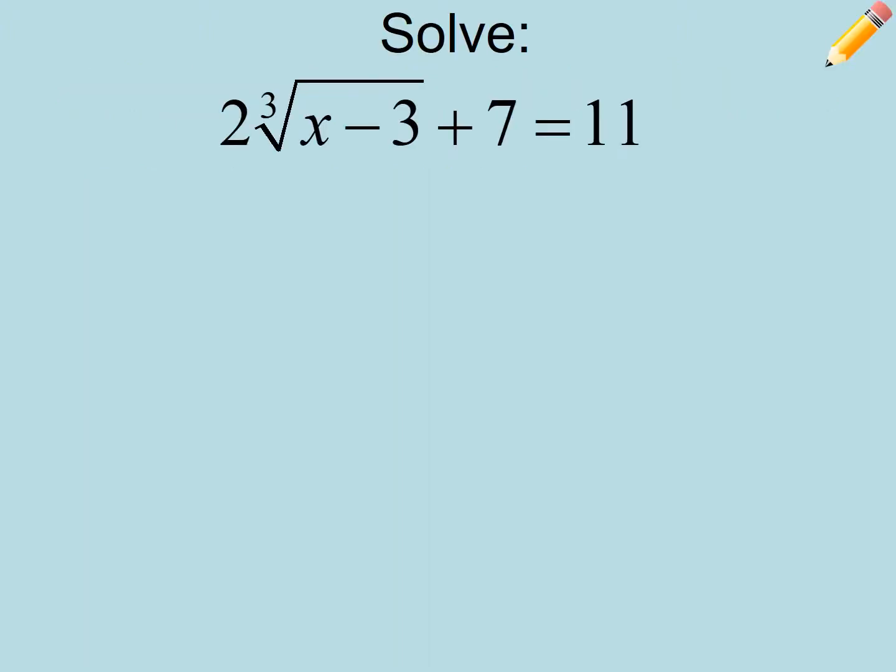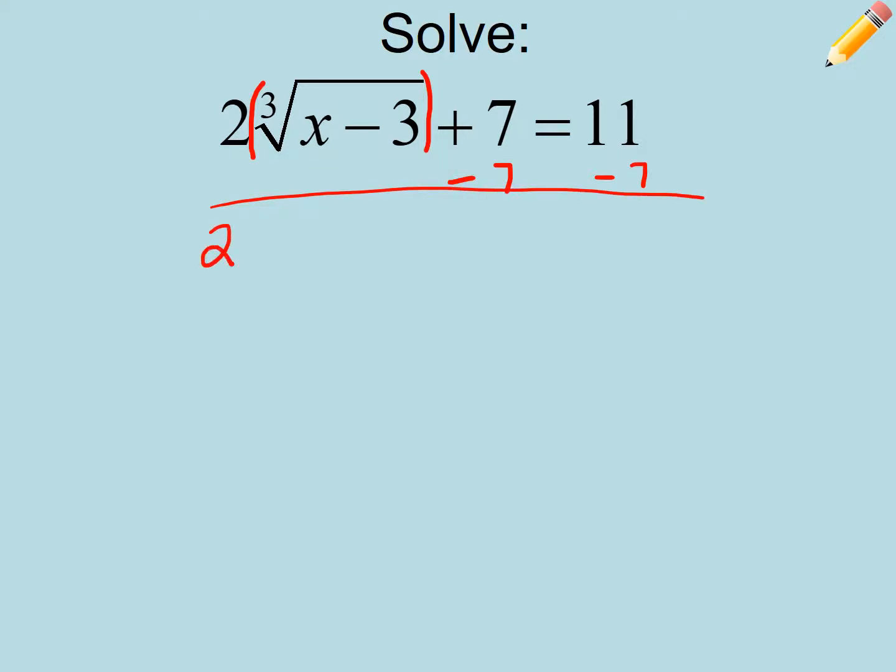Okay, so for our first example, we have 2 times the cubed root of x minus 3, plus 7, all equal to 11. So when we solve these, in order to get the x alone, we have to isolate this cubed root of x minus 3. So treat that whole thing as a variable that we're trying to get alone. So we want to subtract the 7 first.